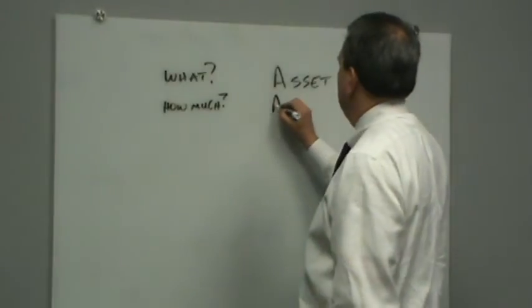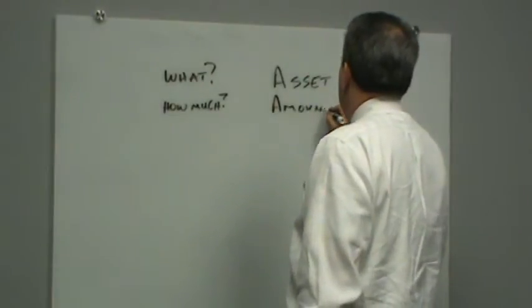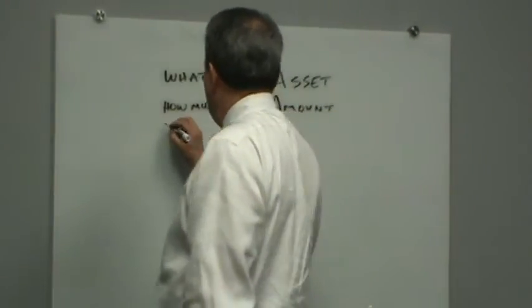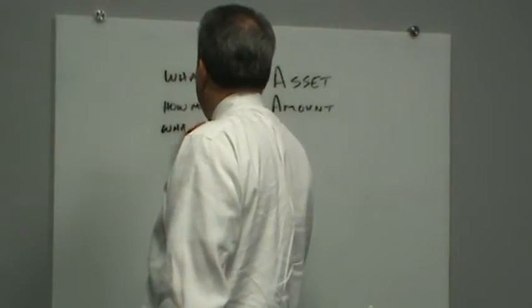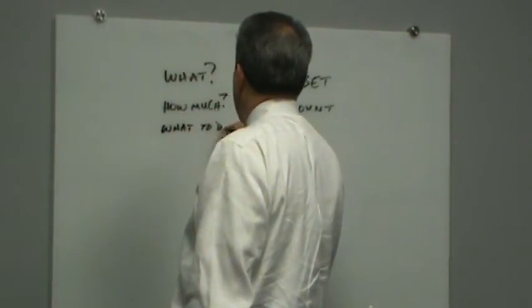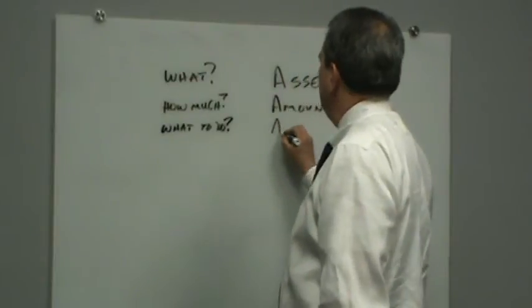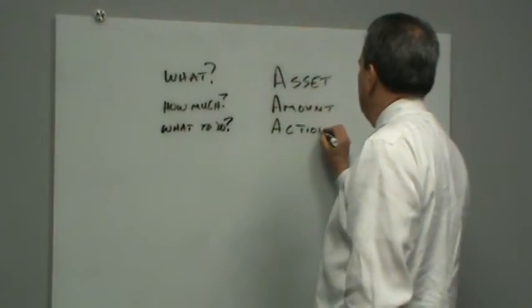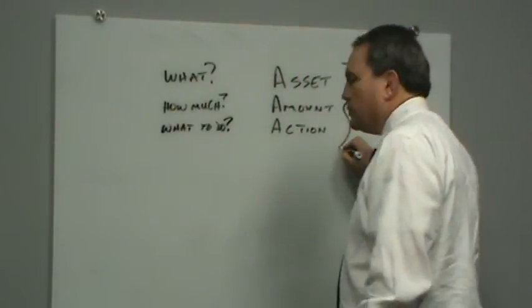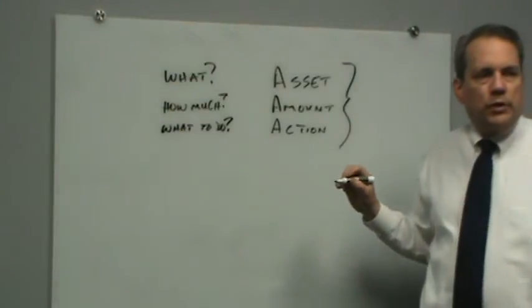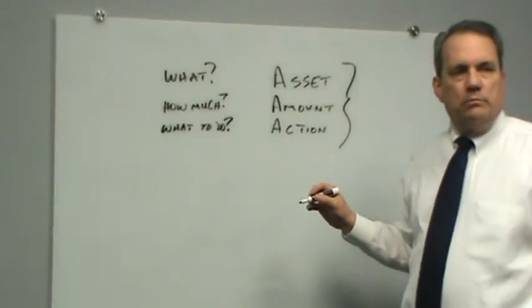And that's the amount. And what do we do? Buy or sell. The action. If we exercise discretion over any of those three, that's discretion.